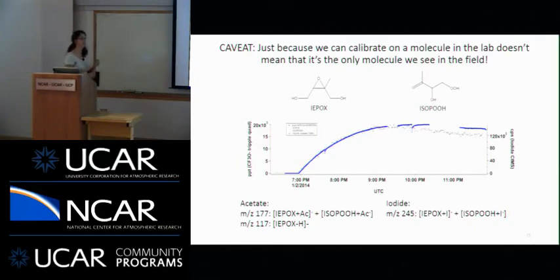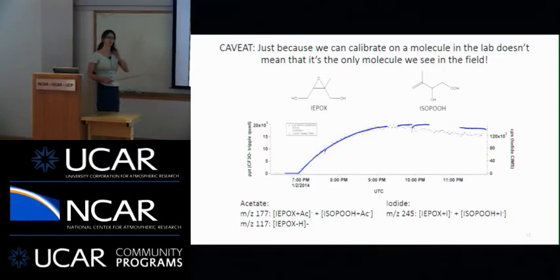And the example of this is isoprene epoxide and the isoprene hydroperoxide, so IEPOX and ISOPOOH. It turns out that these two molecules, which have very different structures and therefore some quite different chemistry, we measure with our acetate ionization at exactly the same mass to charge ratio. Same with our I- ionization.